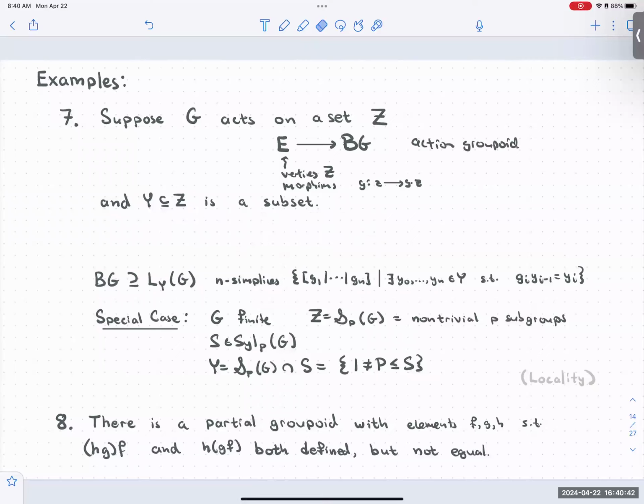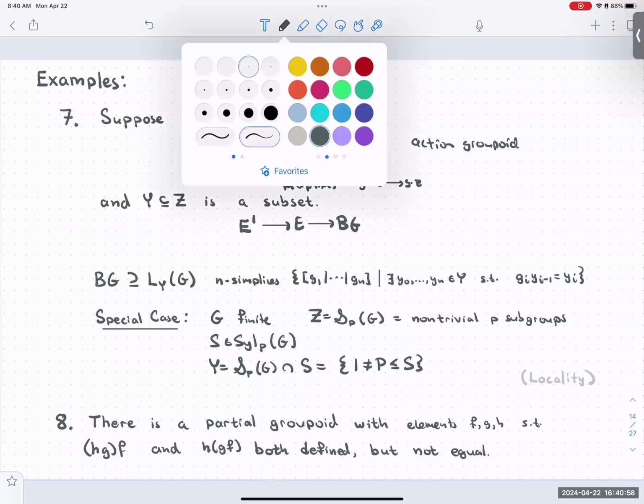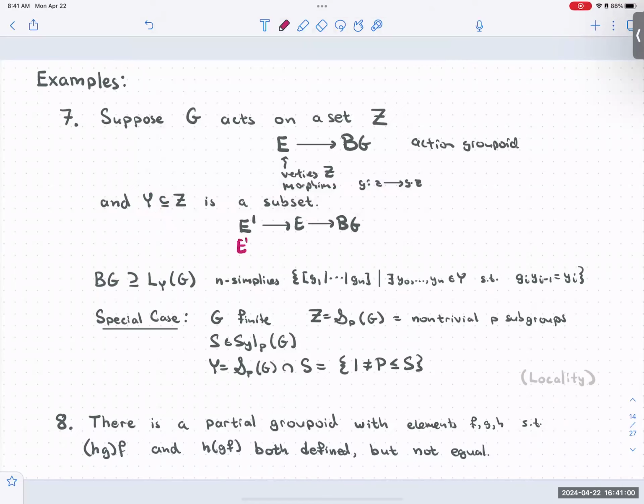But now if I take any subset Y, then I can form Y prime or E prime. And this still lives over BG. So E prime 0 is Y, which sits inside Z, which is E0. So I'm just restricting the set of objects, still the nerve of a groupoid, taking the full subgroupoid or something.